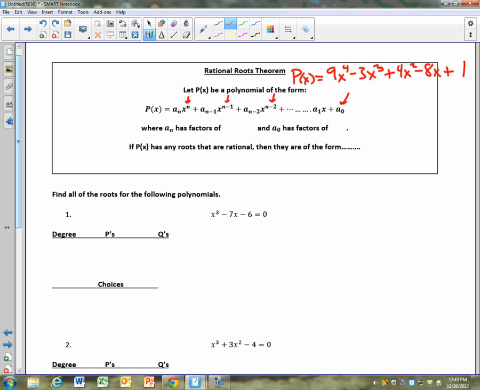We say that this front term right here has factors of q. We say that the last term, the constant, has factors of p.